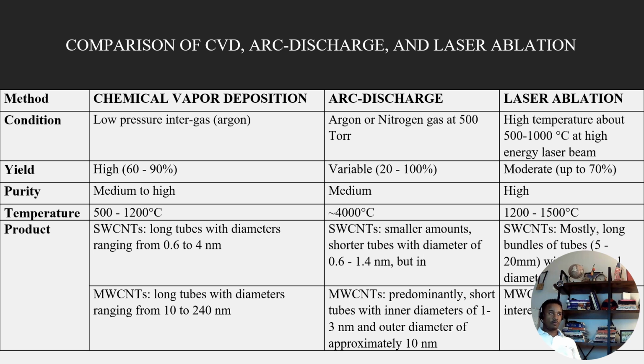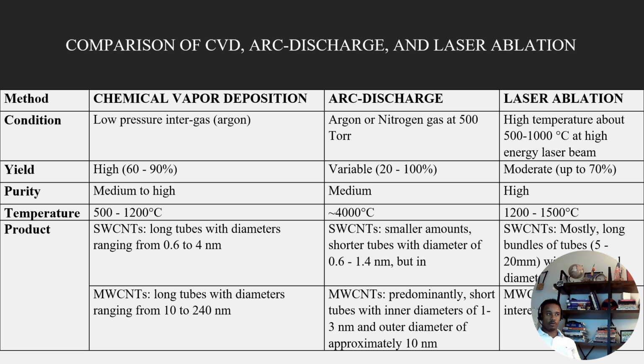So now we have covered three fabrication methods for carbon nanotubes. Now let's compare and contrast these three methods briefly, as you can see on this table. First, let's see based on the conditions, like the type of gas and pressure and temperature they require.